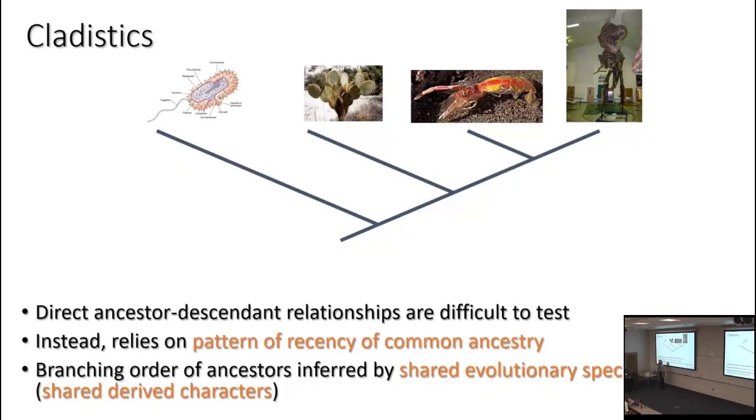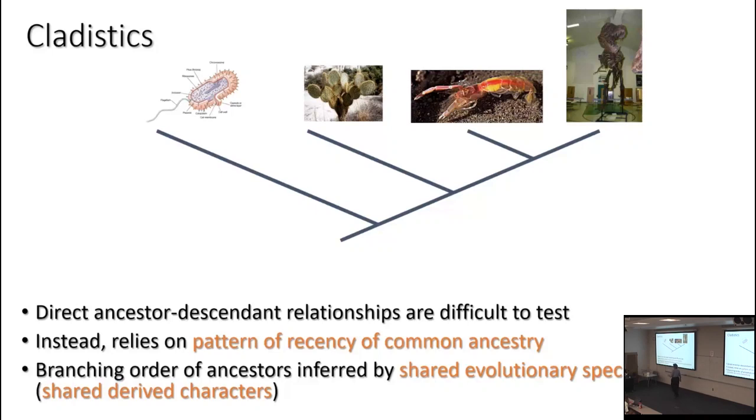Derived means it's transformed from the ancestral version. And shared, again, because it's only those traits which are shared among multiple creatures that are useful for determining evolutionary relationships. So on this diagram, no biologist in the world would disagree with the relationships here. I'd be very, very hard-pressed to find one.